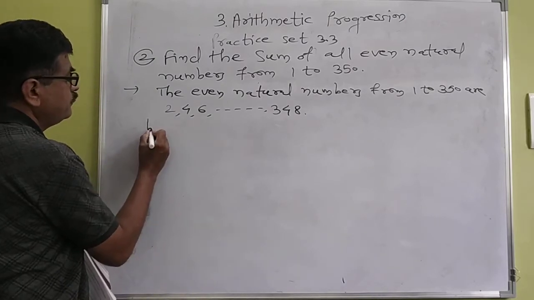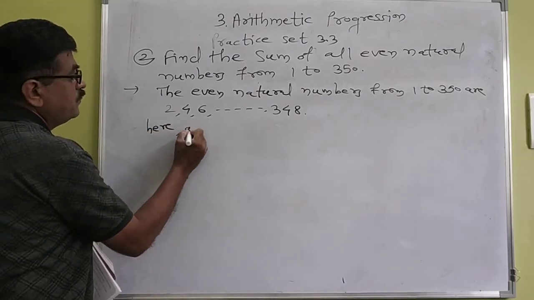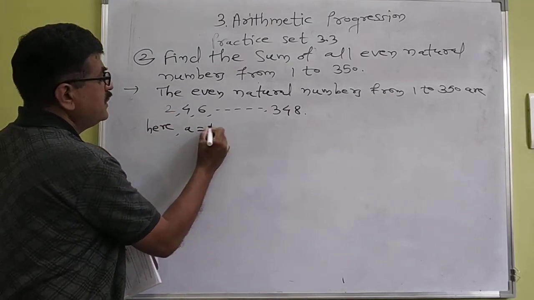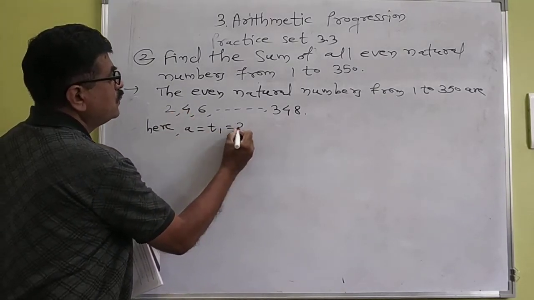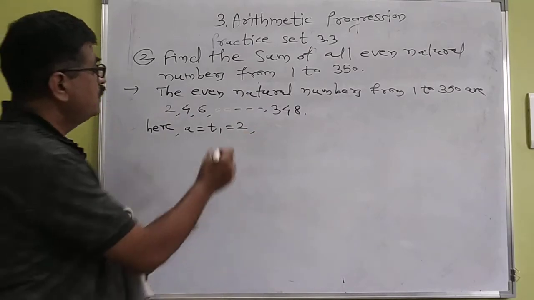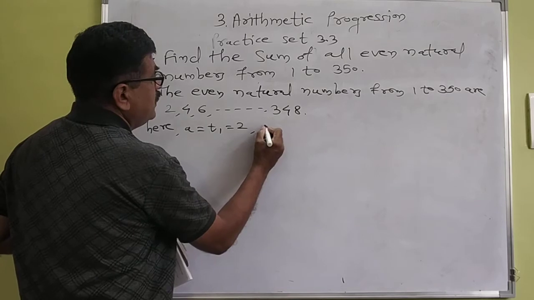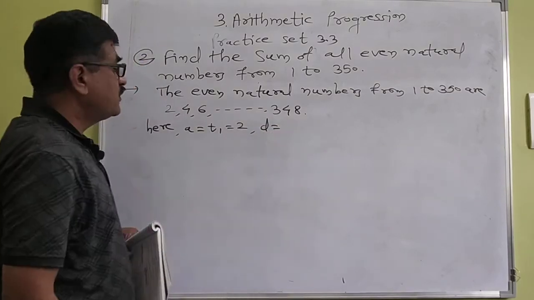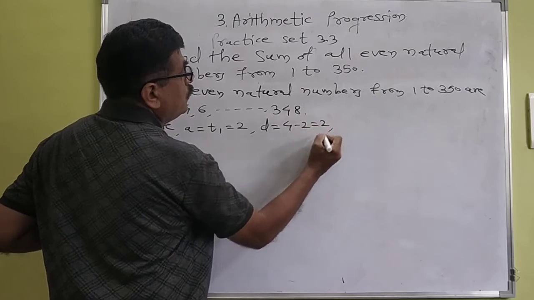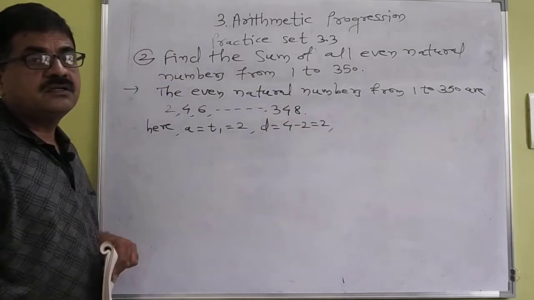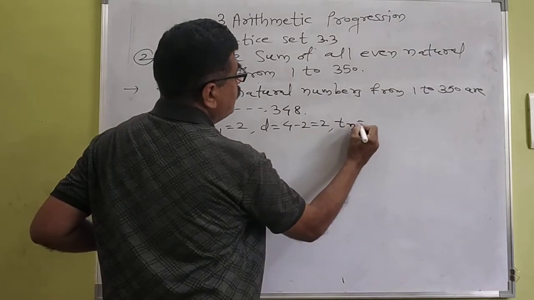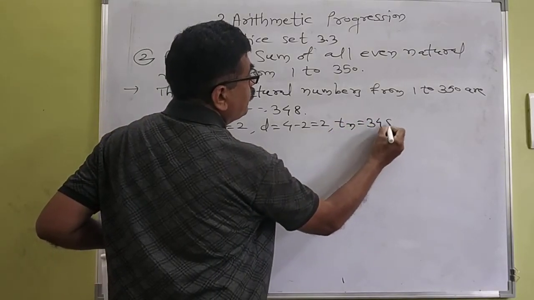Now here the first term T1 is equal to 2. Common difference D is equal to 4 minus 2, which is 2, and the nth term Tn is equal to 348.